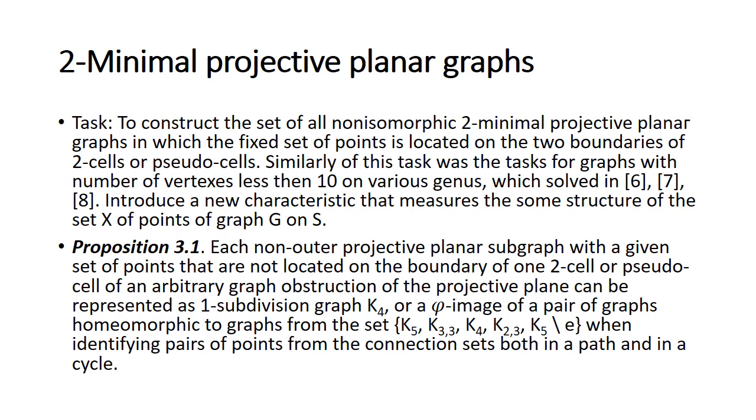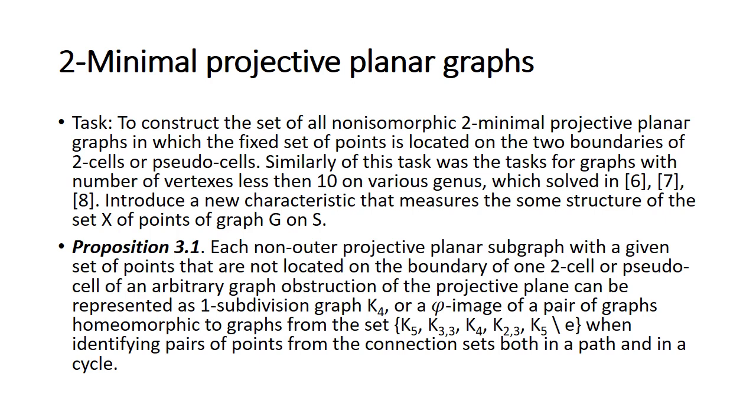Similar to this task were the tasks for graphs with number of vertices less than 10 on various genus, which were solved in references 6, 7 and 8. We introduce a new characteristic that measures the substructure of the set X of points of graph on surface S.